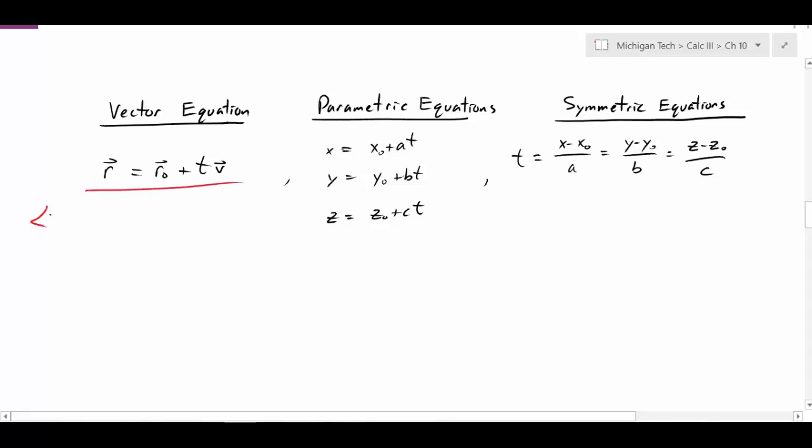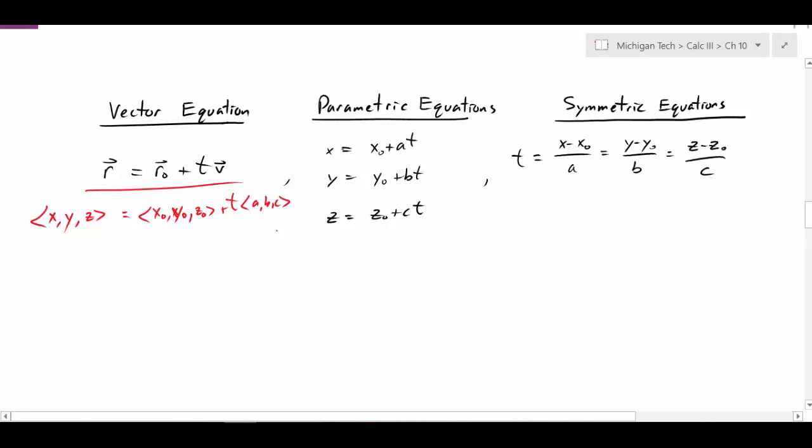This is saying that to find the terminal value, this x, y, z vector, we're going to take r sub 0, which is some initial values x sub 0, y sub 0, z sub 0, plus t times our direction vector, which I'm just going to call a, b, c, as just the components of that vector.